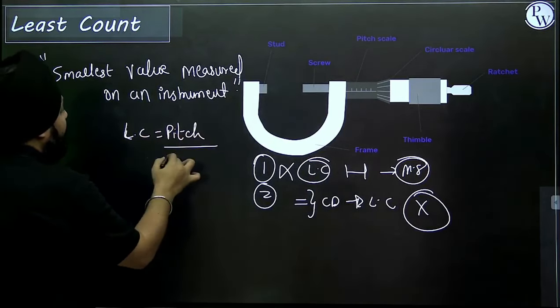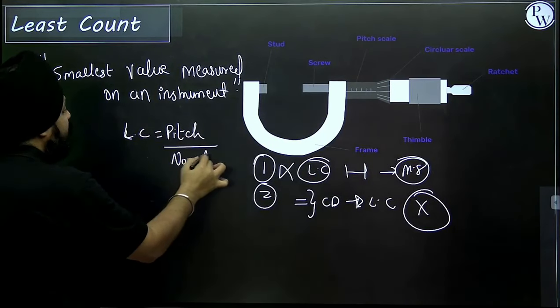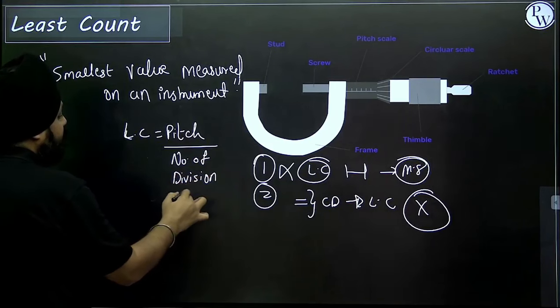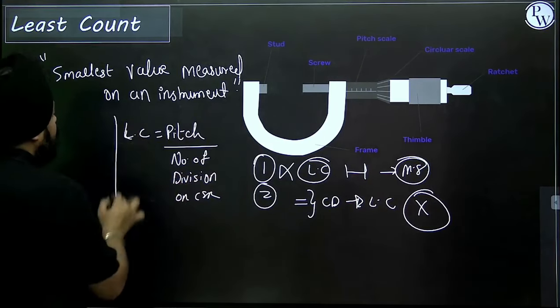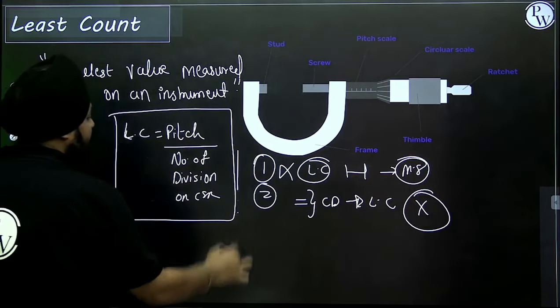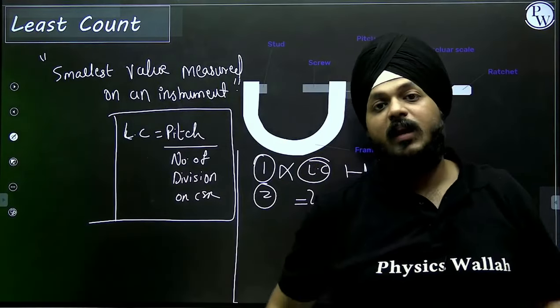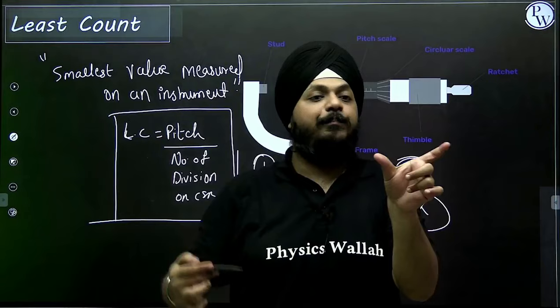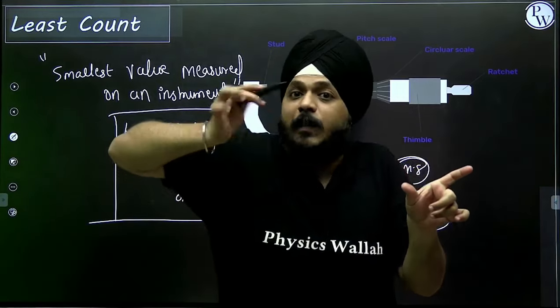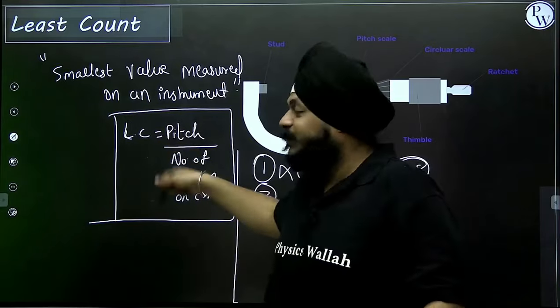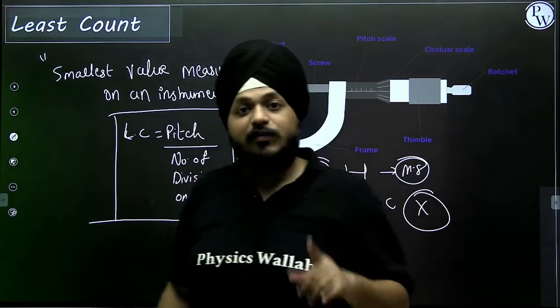Pitch divided by the number of divisions on the circular scale. One complete rotation is the pitch; just about to start rotating, some fractional part of the pitch, that is the least count.